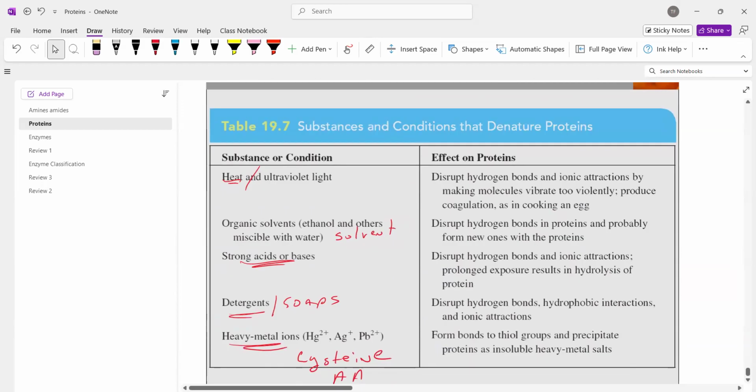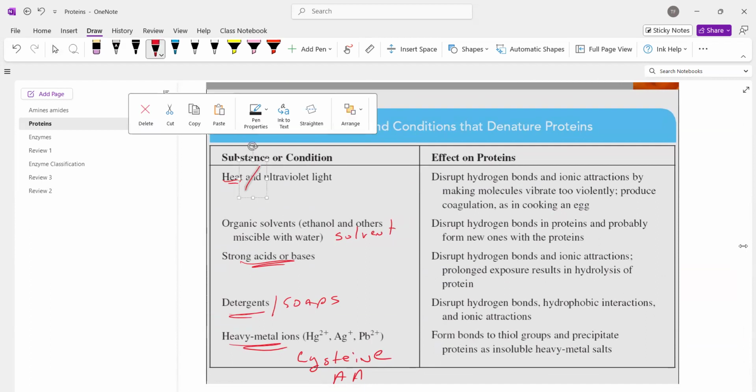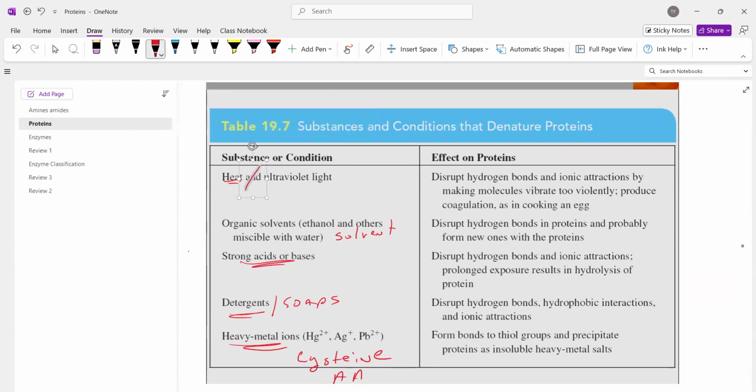Okay, so what can denature proteins? Heat is a big deal. That's what cooking's all about. That's what cooking with a microwave is, cooking with an ultraviolet light.